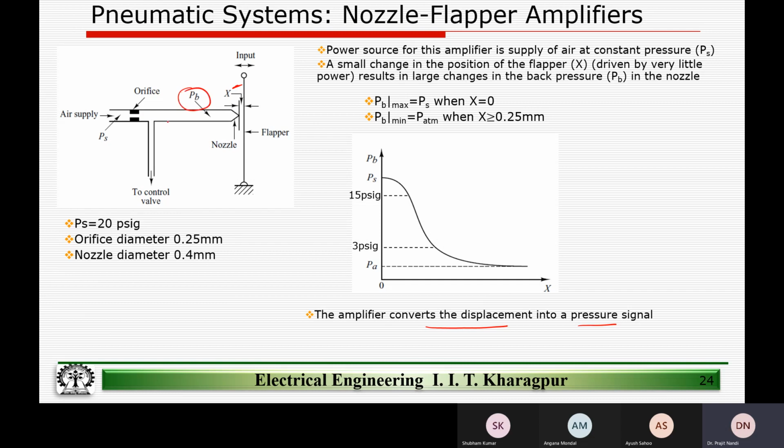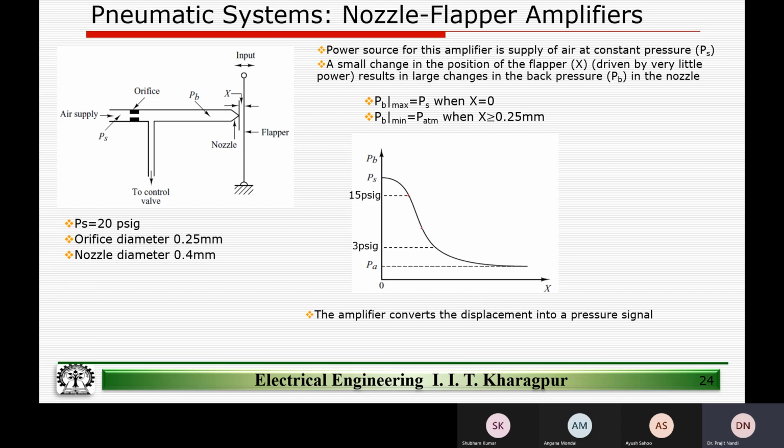And this back pressure can actually be used to control valves. Based on this, we will now create a little bit more involved system where there will be feedback. There will be feedback taken from PB, and it will be fed back to control the input itself. We'll look into that. But the point is, this is an open loop system, and there is inherent nonlinearity.